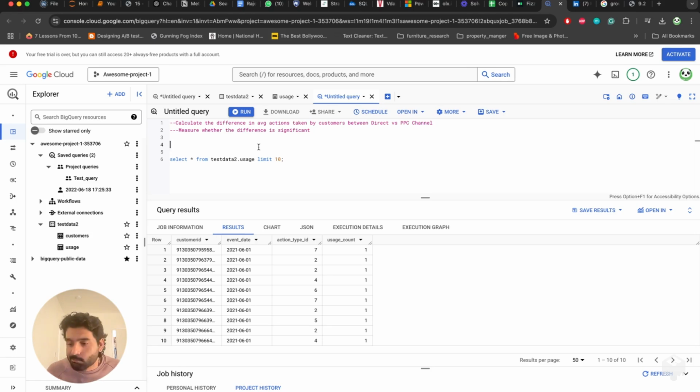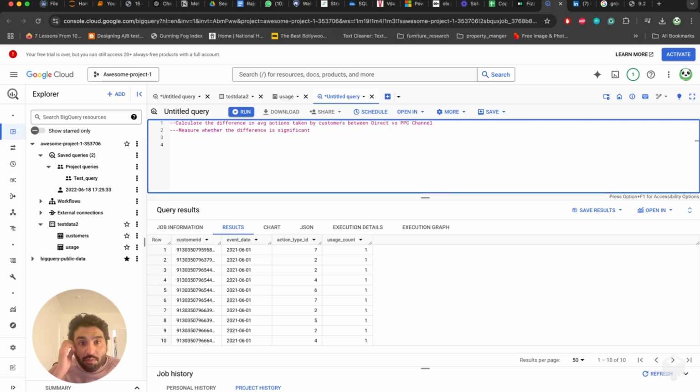So let's get started. First, we need to measure average actions. The only action type here is the usage count, so we need the total actions.